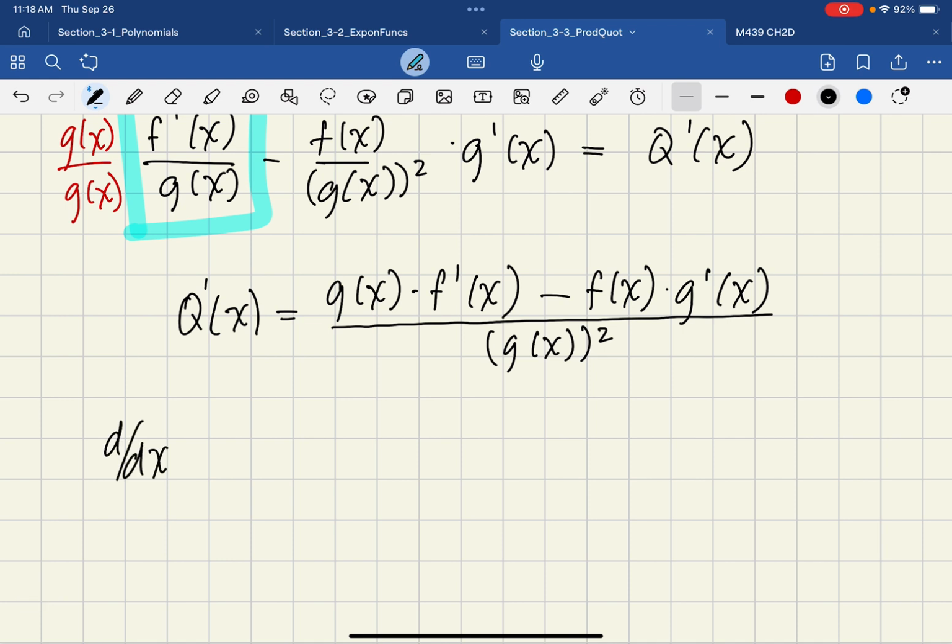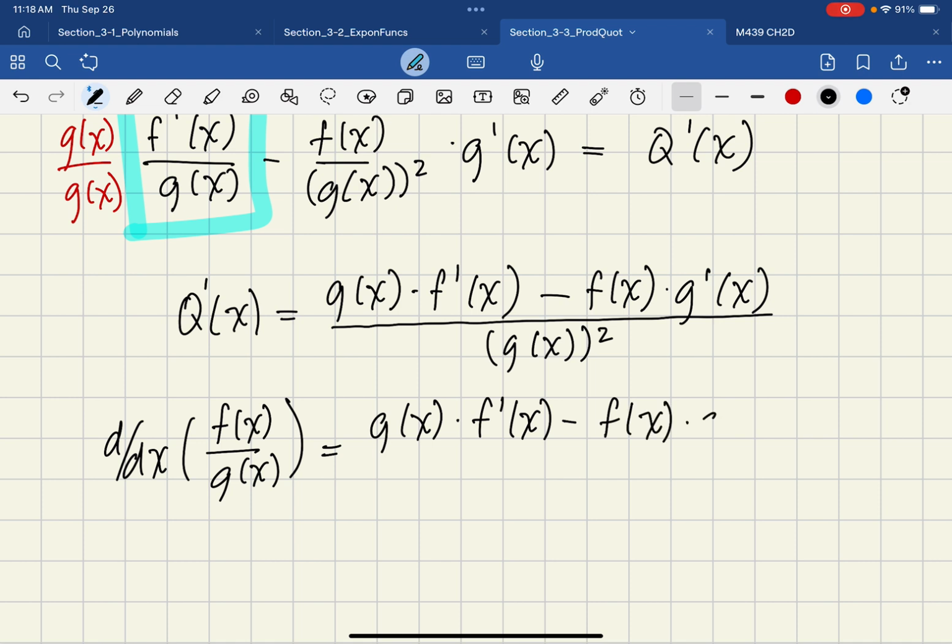That means that the derivative of q of x, and remember q of x is just the same thing as f of x over g of x, is equal to the bottom times the derivative of the top minus the top times the derivative of the bottom, all over the bottom squared.